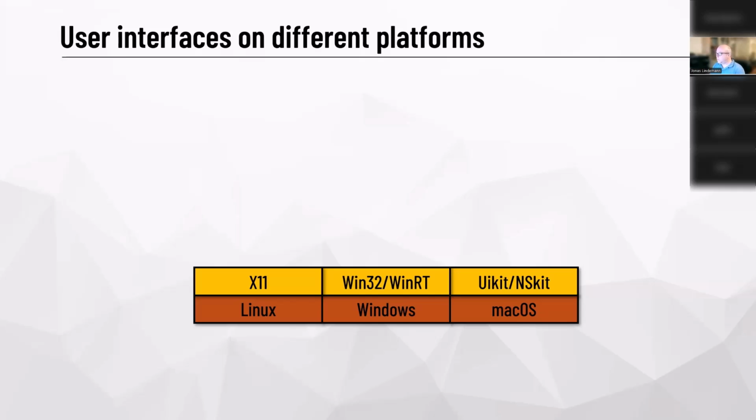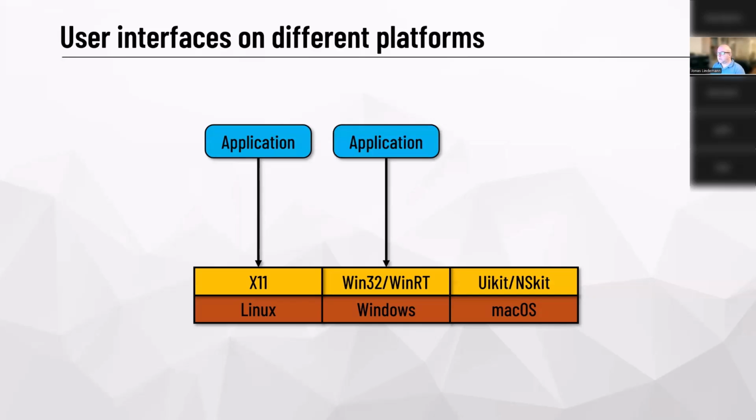So you can see here, if you want to do a single application on each platform, you have to write one application that accesses X11 on a Linux machine, another application that accesses Win32, and another version that accesses NSKit. Of course, you can have parts in your applications that are similar on each platform, but the interface to the user interface libraries needs to be different on each platform.